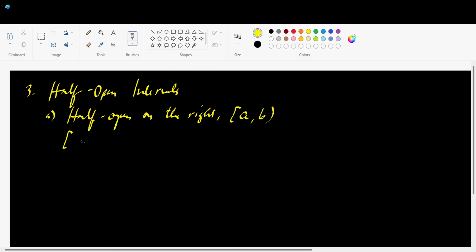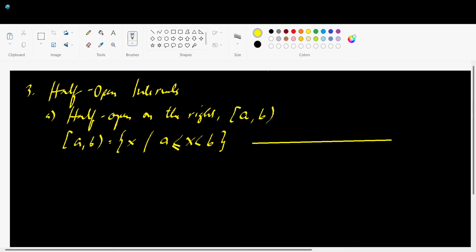And what is the definition? The set of all x's such that x is still between a and b, including the left endpoint. So here is a and b. Closed at a, but open at b. Or open bracket at a, close parenthesis at b.